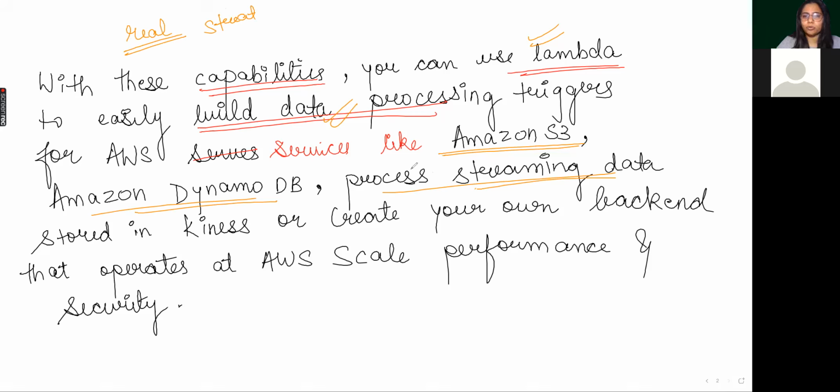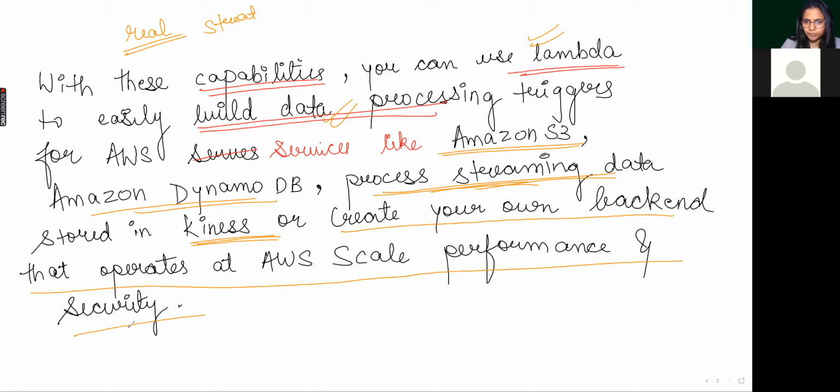So either you want to store that real-time data in Kinesis as a service of AWS, or create your own backend that operates at AWS scale, performance, and security. This is also a service of Amazon, in which you can check how well your code is performing, what the security of the code is, or you can create a backend using this service.